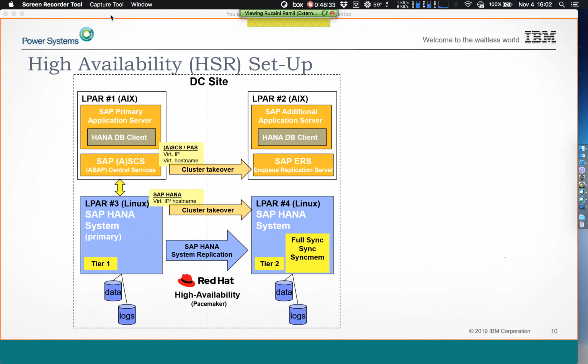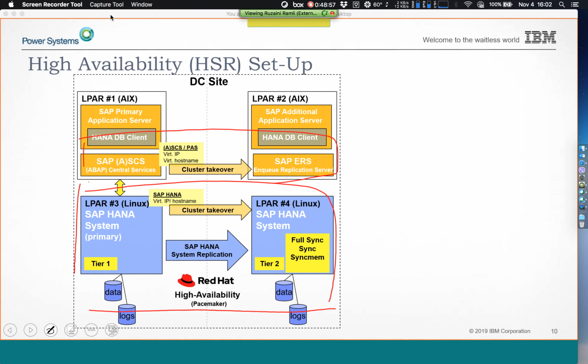Next, this is a logical diagram for how the HSR and the SUSE or Red Hat cluster are set up in the same data center. On the blue part here, we have our DB LPARs. Red Hat cluster can also work together with the application, but the one we did before was with the SUSE cluster, where we integrated with the ASCS and ERS.